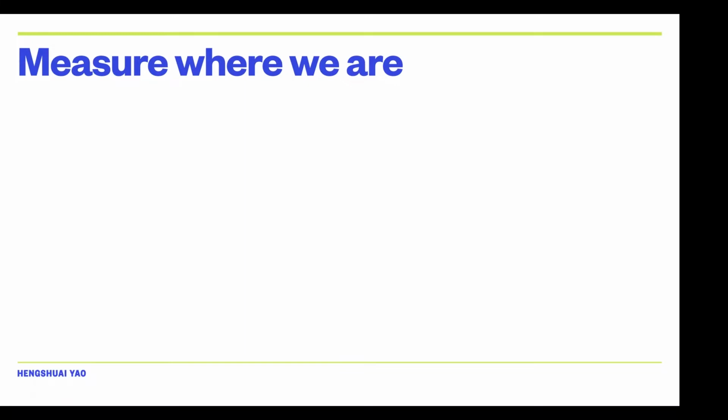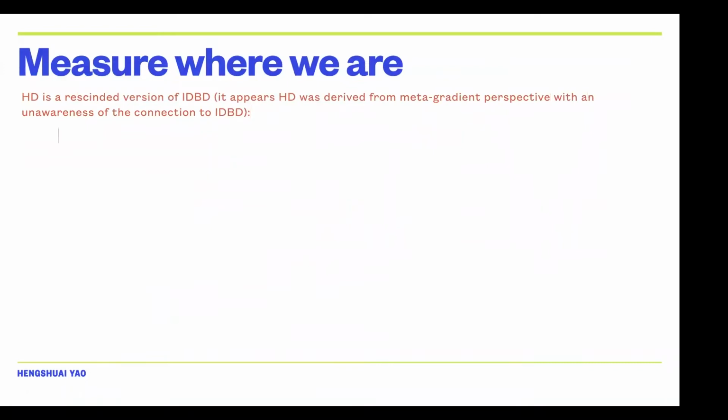Hypergradient descent is a refined version of IDBD in 2 ways. First, the history of gradient is removed. Instead, only the latest gradient is used. Second, component step sizes are reduced to 1 scalar step size. This is quite interesting, right? But it appears that both refinements are bad.